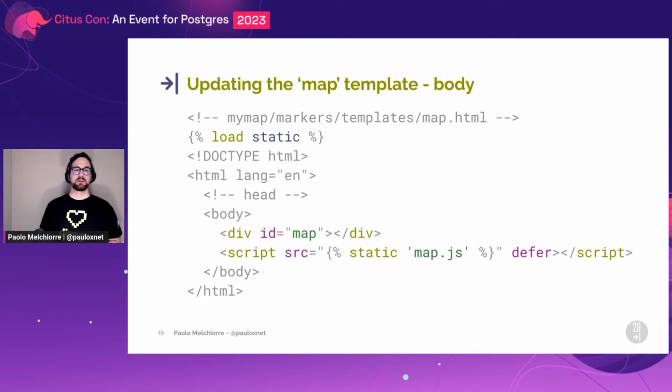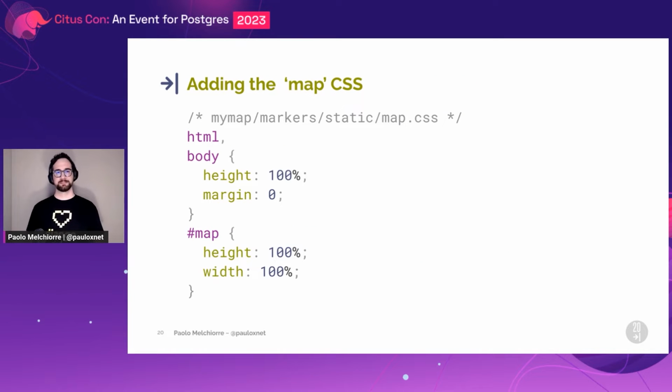In the body, we also need a div tag with a specific ID and our custom JavaScript file, which we are going to create now. We add our CSS file in the static directory, and inside it, we add only the basic rule to show a full screen map.